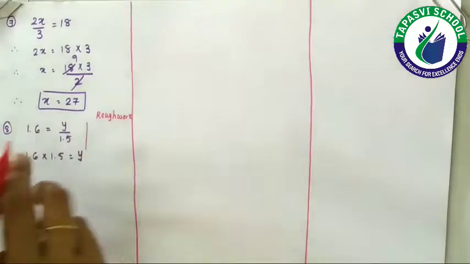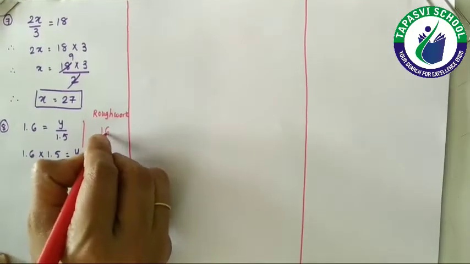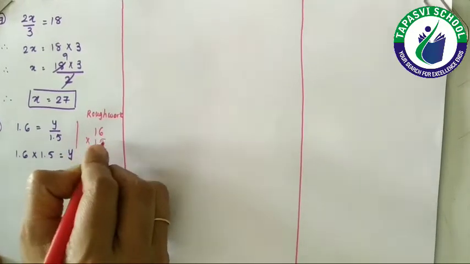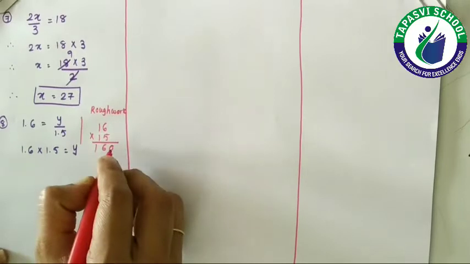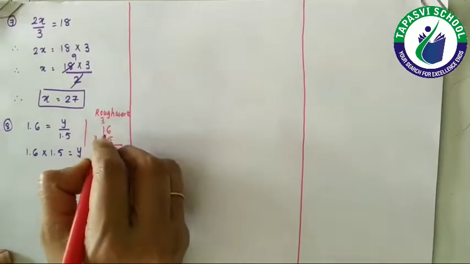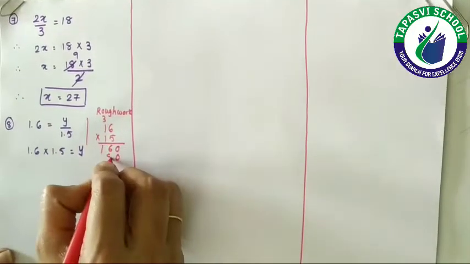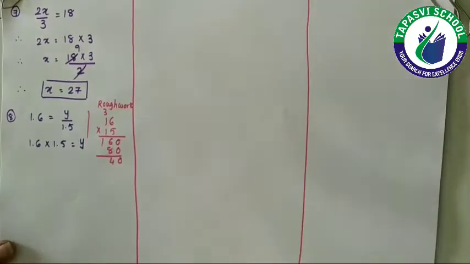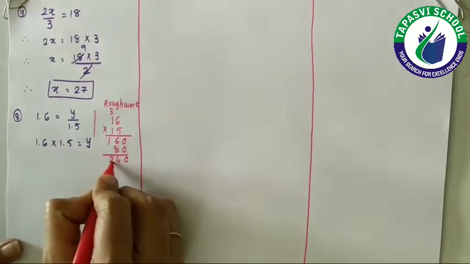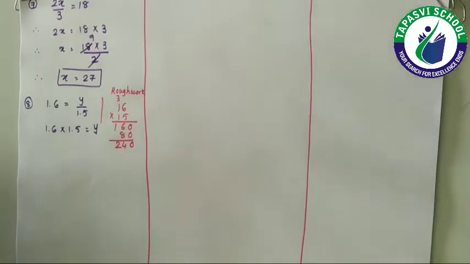First of all, remove the decimal and then 16 multiplied by 15. 0, 6, 1, 3, 5 ones are 5, 8, here 0, 14, that is 4 and 2. So the multiplication is 240.